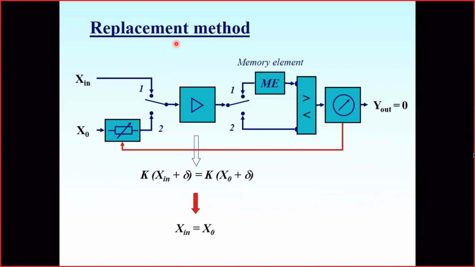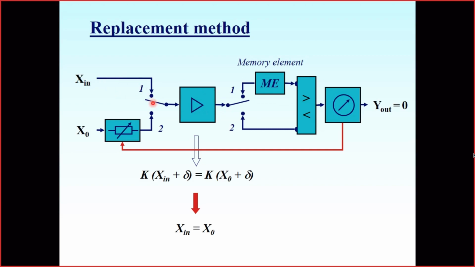For the replacement method, what do we need? We still have our comparison device. We have some indicator, but we need to have some memory element. So how does it actually work? We put our measured value first.